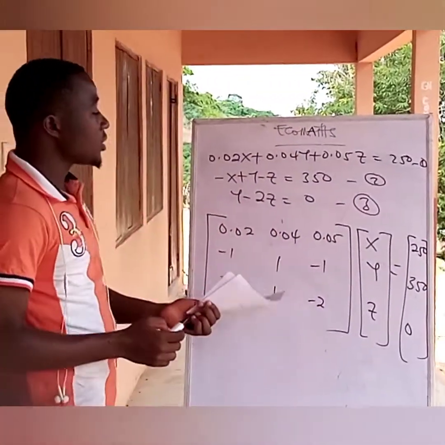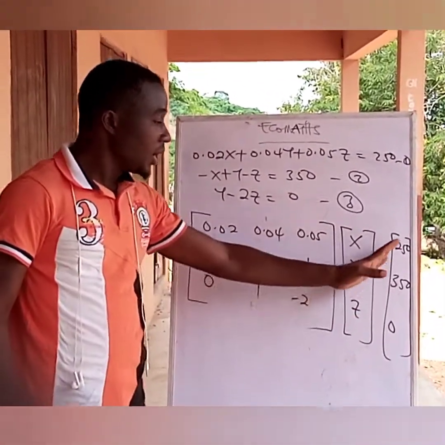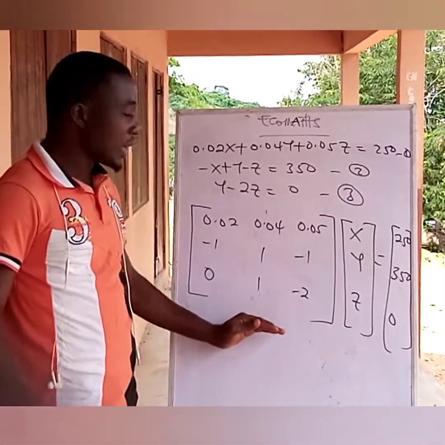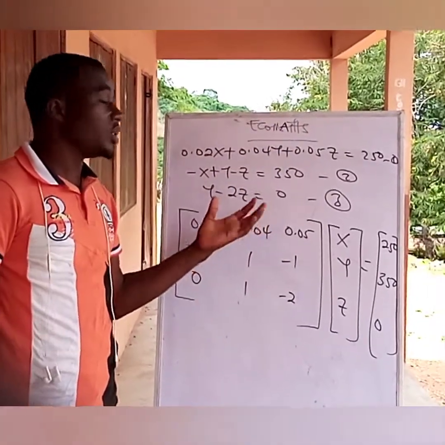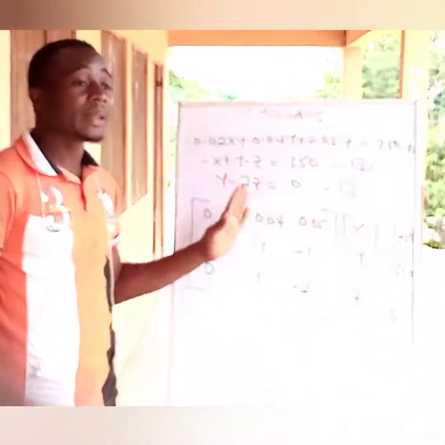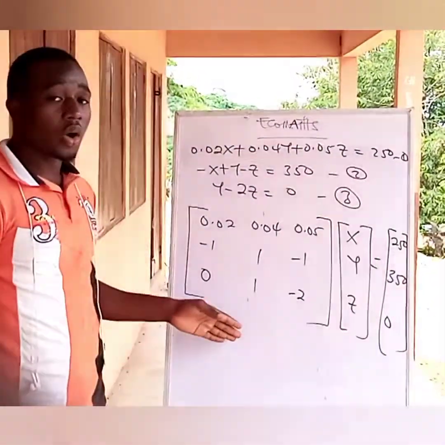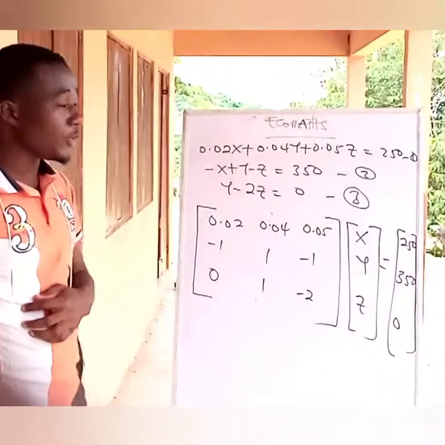Now, what you need to understand is that when you multiply this back, you are supposed to get back your equation. So if you cast any equation into a matrix form and you multiply back, and you are not able to get that same equation, then it means that there is something wrong with your equation or how you cast it to matrix form.